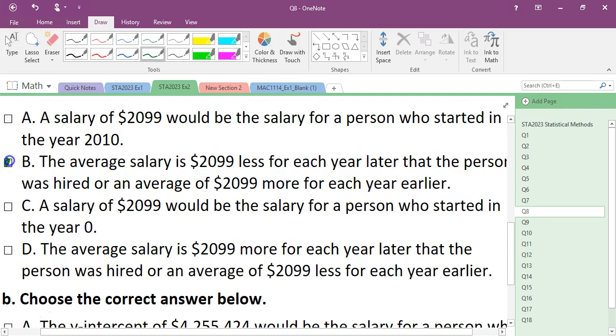Yeah. They actually, on B, they interpreted the slope both directions, but this is really what our slope is all about in our equation. That for every year later, you're losing $2,099 on average.